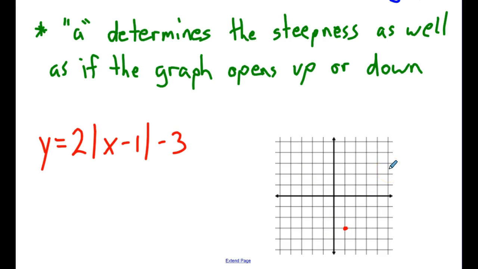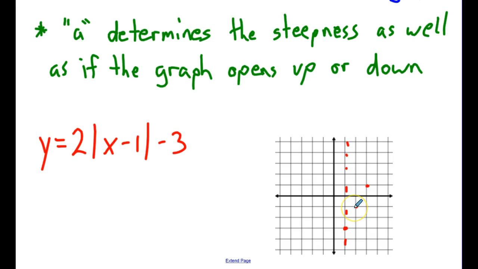So now we need to plot a few points. This value of 2, our a value, is acting like our slope. So from this point, I can go up 2 over 1. Again, I can go up 2 over 1. Since this is an absolute value function, it forms a V. These points are going to be symmetric about the vertical line that goes through the vertex of this graph.